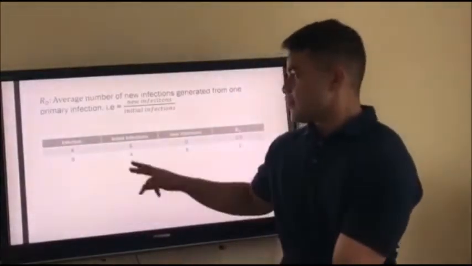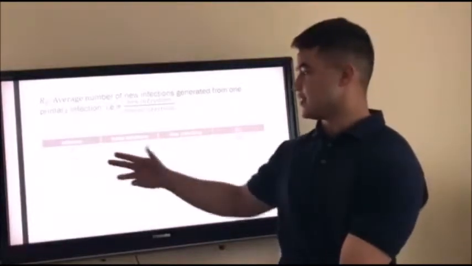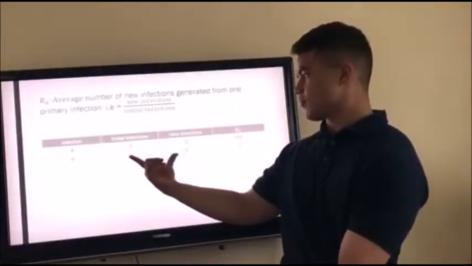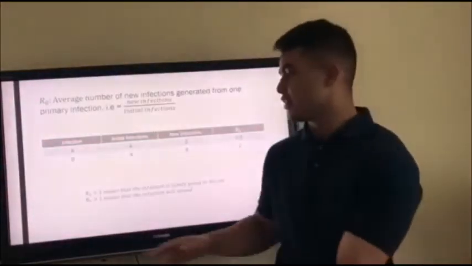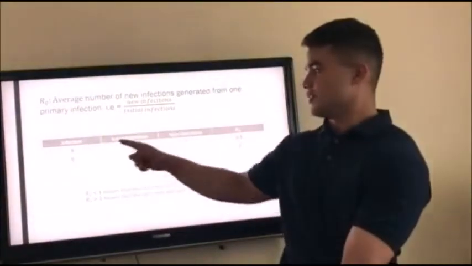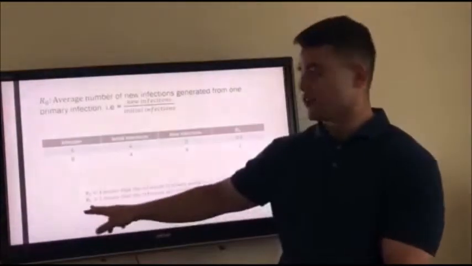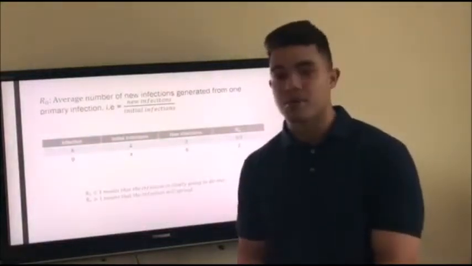So you can see that infection A is on the decline and infection B is almost doubling. What this means is that, generally speaking, an R0 value less than 1 means that the infection will slowly die out, as it would in infection A, and an R0 value greater than 1 means that the infection will spread and an epidemic might ensue.